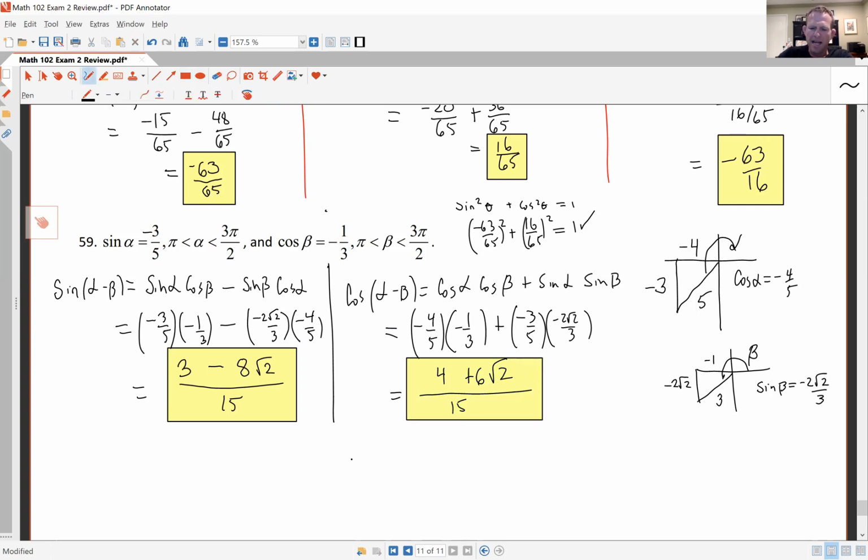The tangent of alpha minus beta is the sine over the cosine. Sine of alpha minus beta is 3 minus 8 rad 2 over 15. And this one's 4 plus 6 rad 2 over 15. When we flip it up and over and multiply the numerator by the reciprocal of the denominator, the 15s go away.